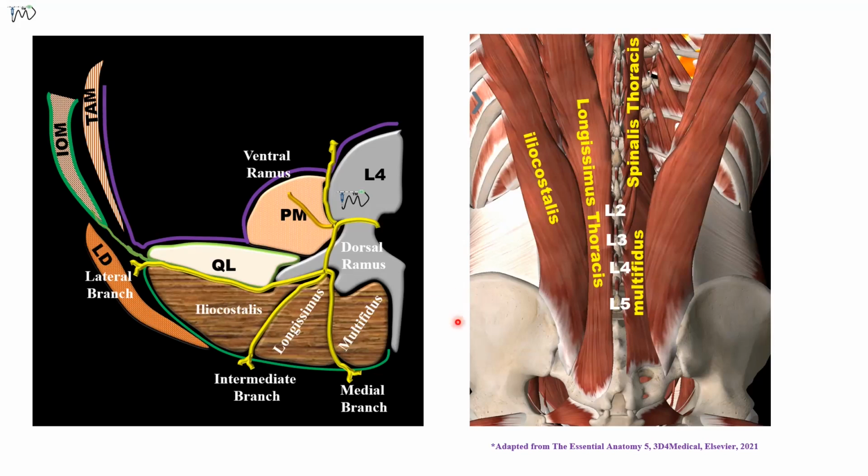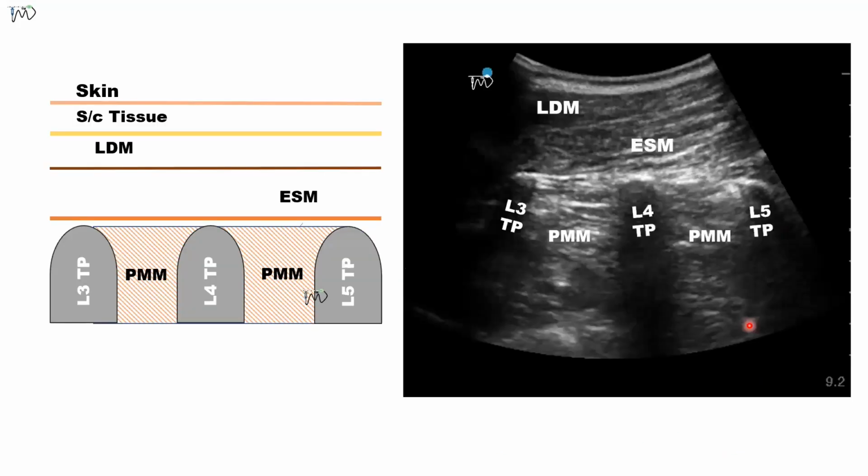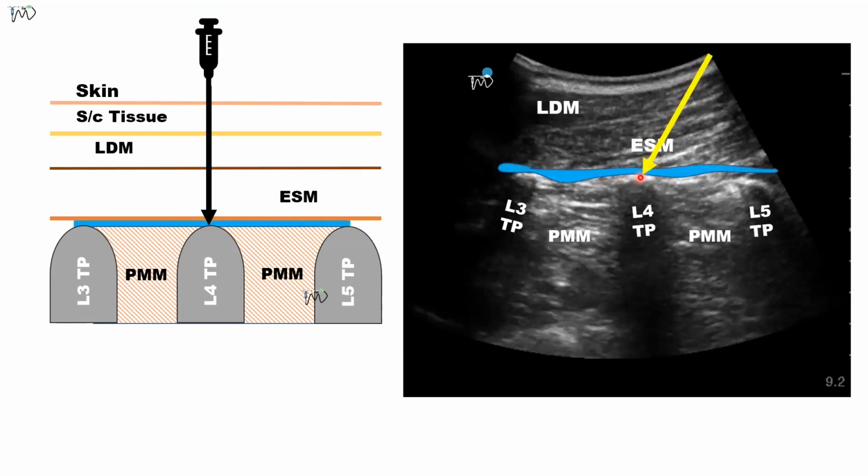Just like the thoracic erector spinae plane block, the transverse process is identified and the local anesthetic is deposited between the erector spinae muscle and the transverse process. Around 5 ml per vertebral level is required to cover the lumbar area.